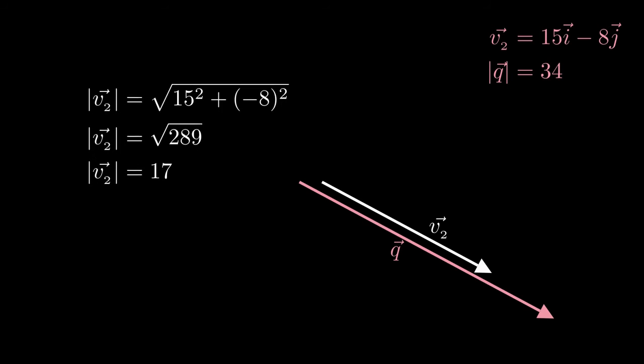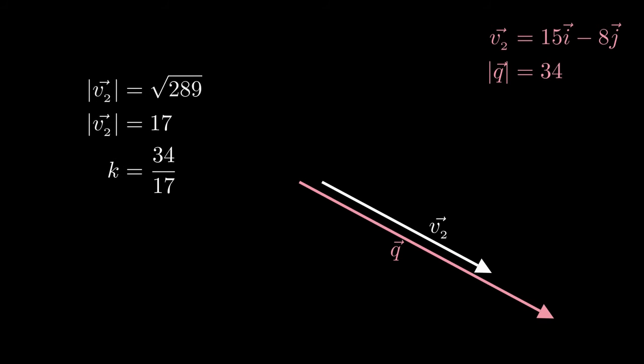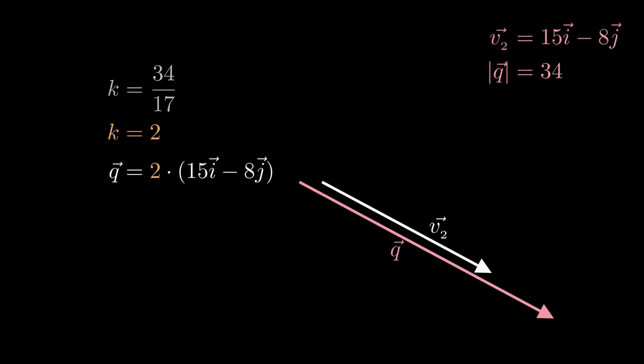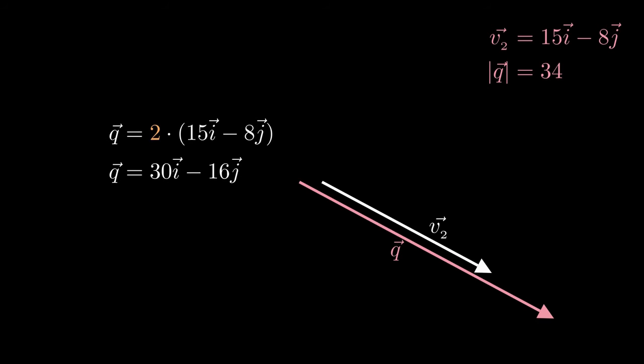Okay, so they gave us nice numbers. k is 34 over 17, which is 2. And then we multiply that by v2 to give us q. 2 times 15, 30i. 2 times negative 8, negative 16j. And there's q. Okay, so the two problems, identical process.